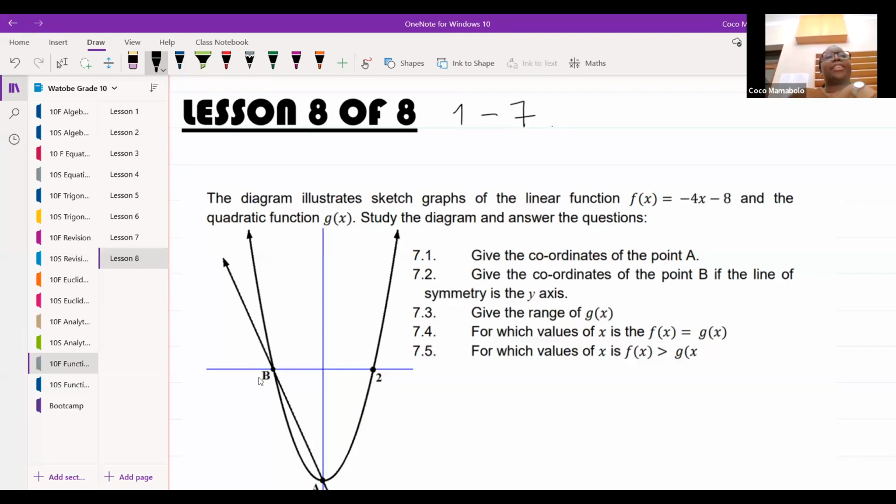The first question says, the diagram illustrates sketch graphs of the linear function f of x is equal to negative 4x minus 8. My first question, guys, is what kind of graph is this? Tell me in the chat.